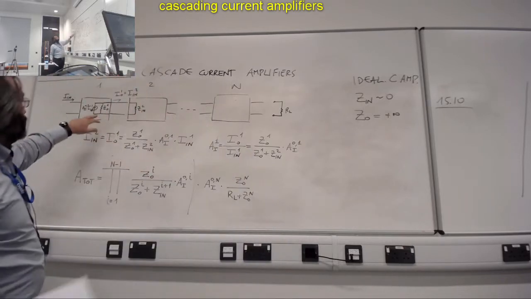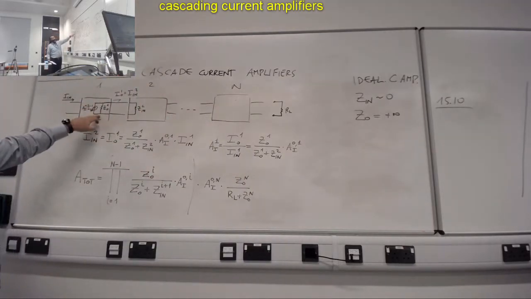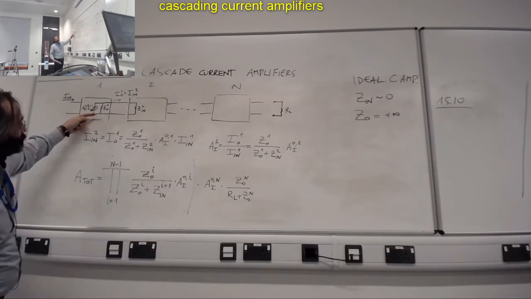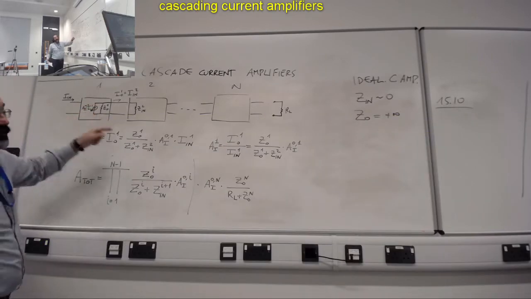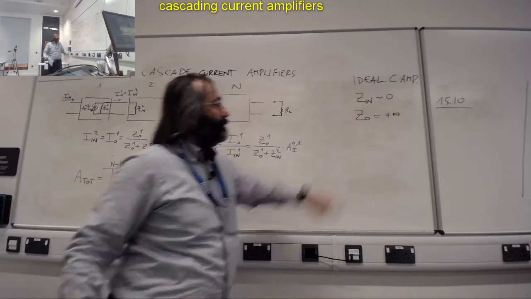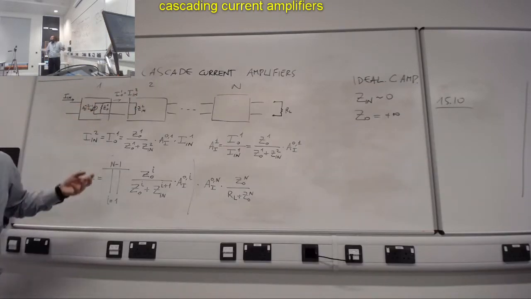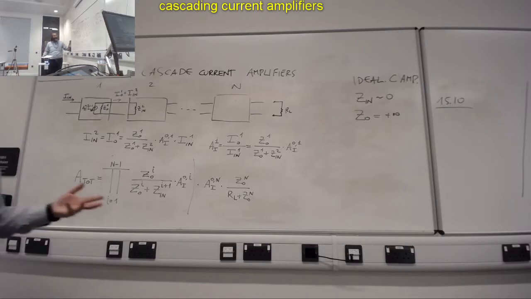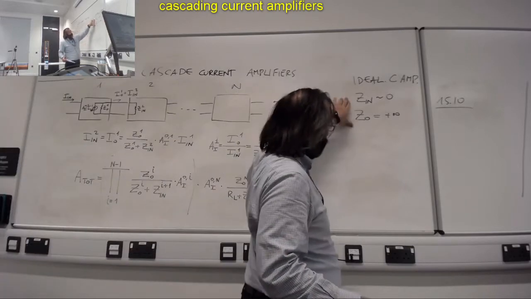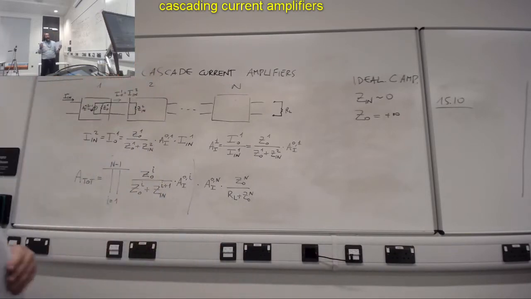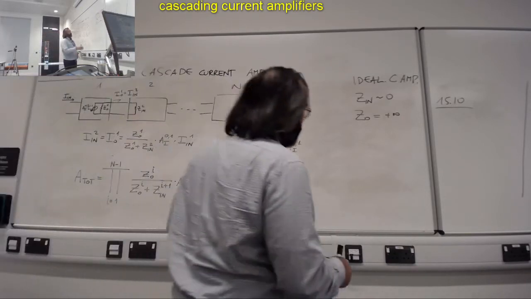Remember, Z output is in this configuration for a current amplifier. Obviously, when some current is flowing there, a little bit is flowing here as well. So you understand that this requirement means here I don't want any current to flow internally. I'm wasting current. That's the point. So these are the ideal requirements for a current amplifier.